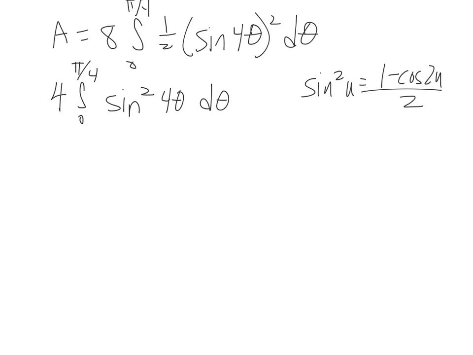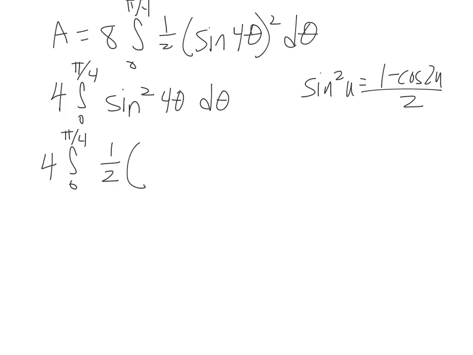So I am going to do a replacement here. Substitute the power reducing formula in here, so that's going to be some u substitution stuff for us to do here. So I'm taking out sine squared of 4 theta and I'm replacing it with 1/2 instead of divided by 2 since I'm integrating.